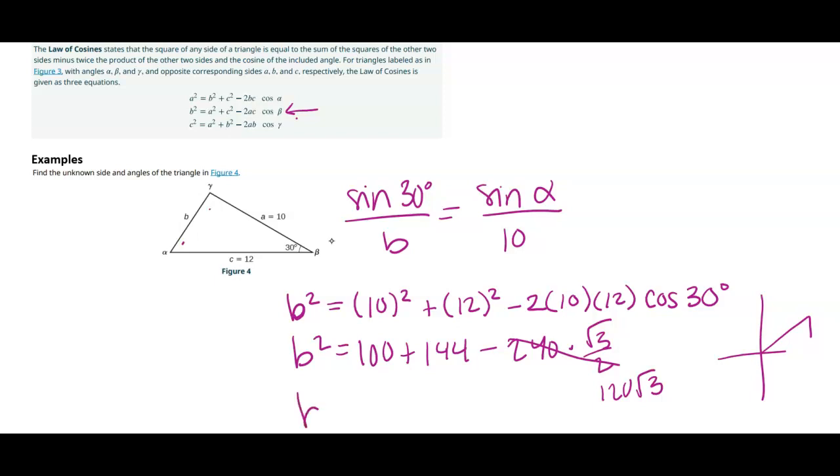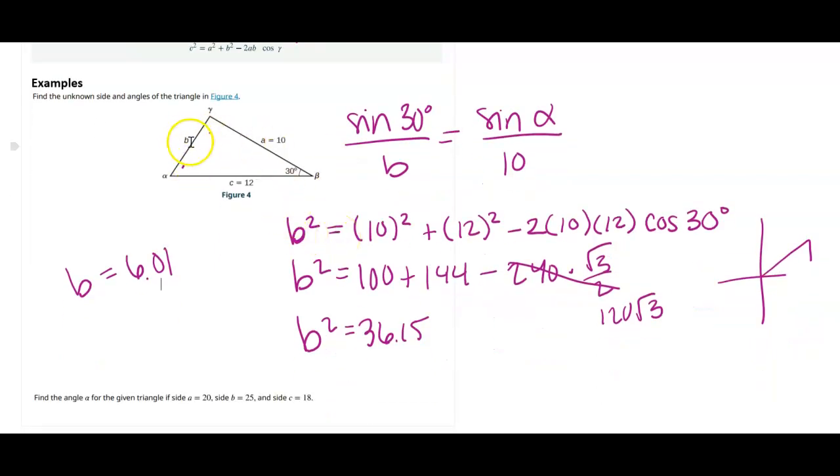So I end up getting b squared is 36.15. And so when I take the square root of that, I know that b must be 6.01. And then you can solve for the other angles using inverse trig and using that b value here.